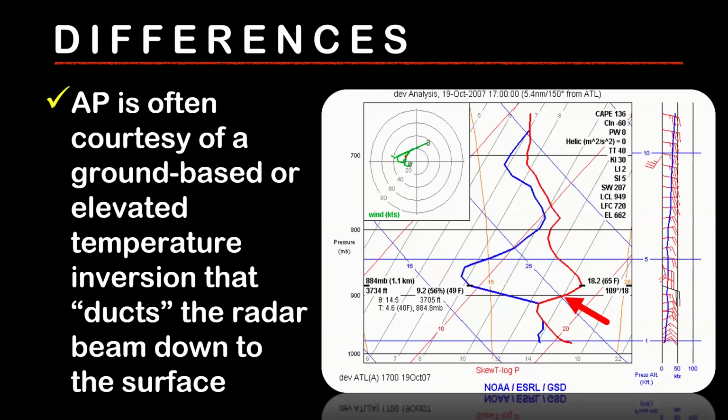Sometimes the atmosphere itself is what causes this. We get what's called an elevated temperature inversion. You can see the Skew-T diagram here out of Atlanta shows this elevated temperature inversion, and that will duct the radar beam down toward the surface, sometimes striking even mountains or other terrain, and that eventually comes back the same way that it went there, through a ducting mechanism, back to the radar, and it's interpreted.